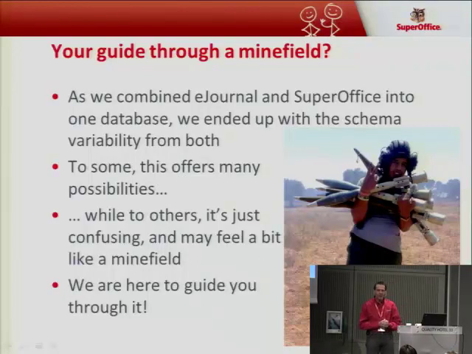But we ended up with the variability and extension mechanisms from both products. And the story right now is a little bit patchy, because some parts are visible in one product, some parts are visible in another, some will become visible in both, and so on. So we're here today to guide you through it.